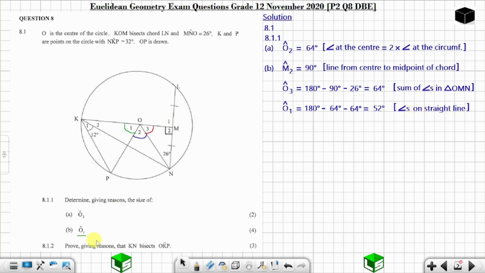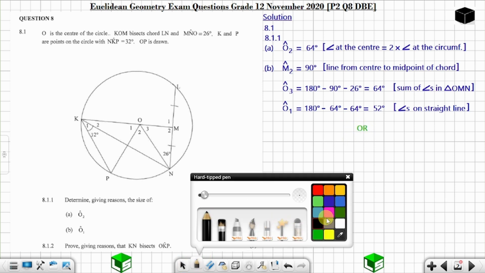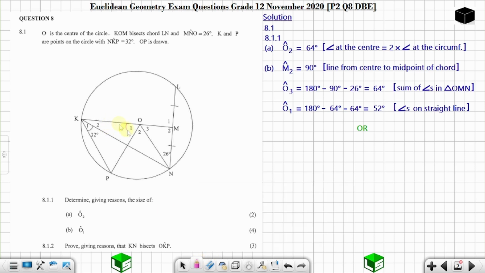So we have the angle O1. We can find the angle O1 using another way. Let's use another way. You can use the exterior angle of the triangle OMN.